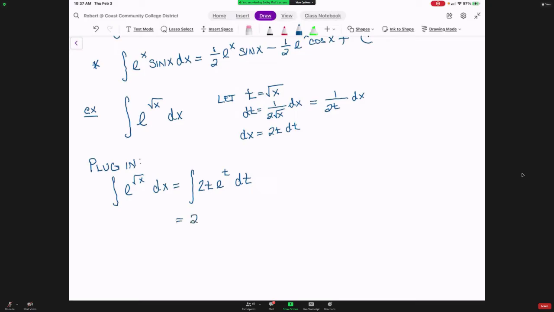And so that's going to be 2 times the integral of t e to the t, which is t e to the t minus e to the t, plus a constant c. Start with x and end with x. So we'll shove that back in what t was equal to. And there we have it.